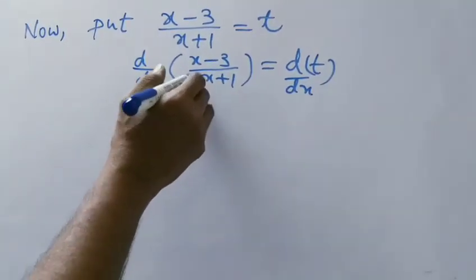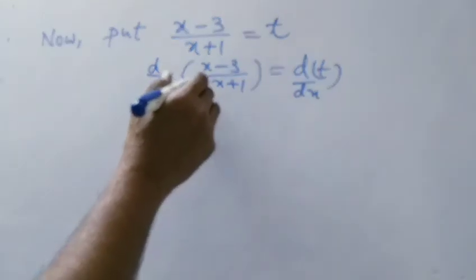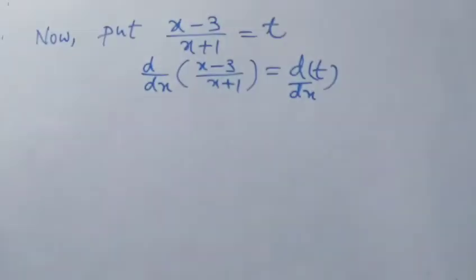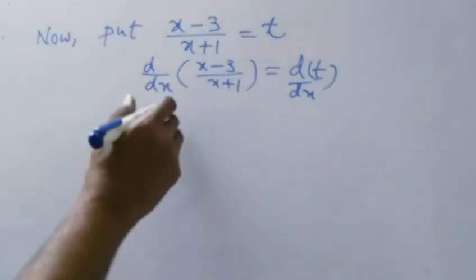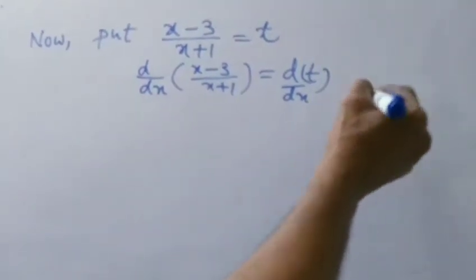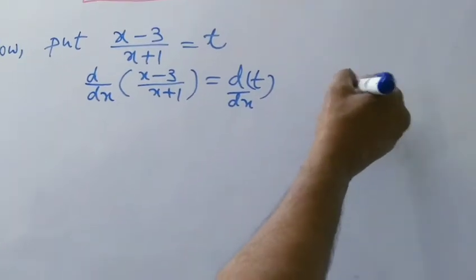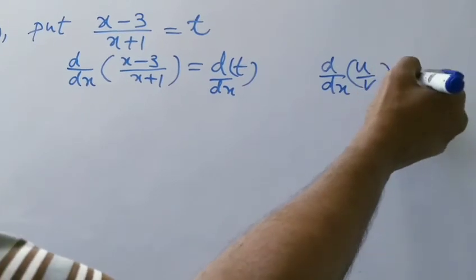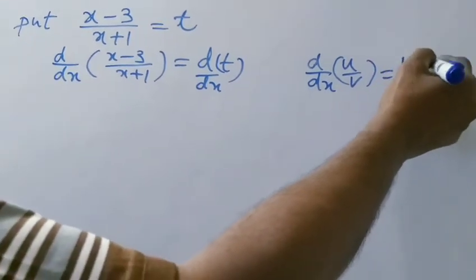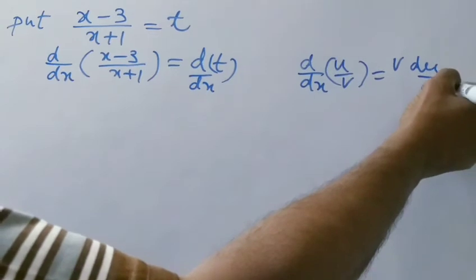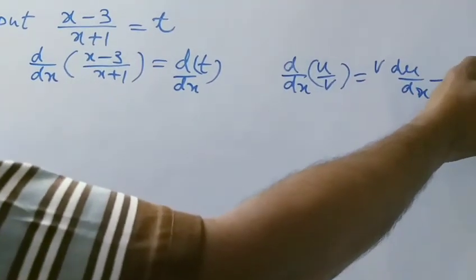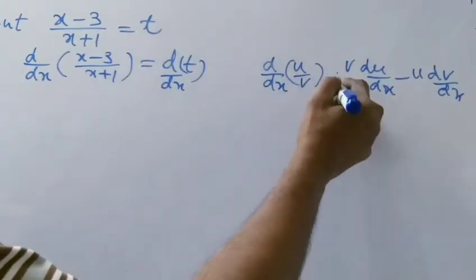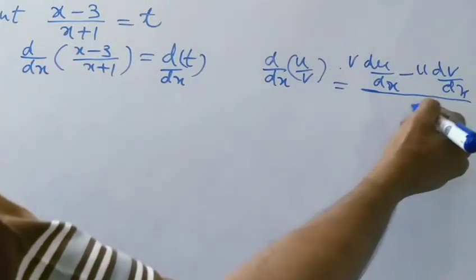So it seems to be differentiation of u by v, the u by v method. Differentiation of u/v is equal to (v times du/dx minus u times dv/dx) by v square.